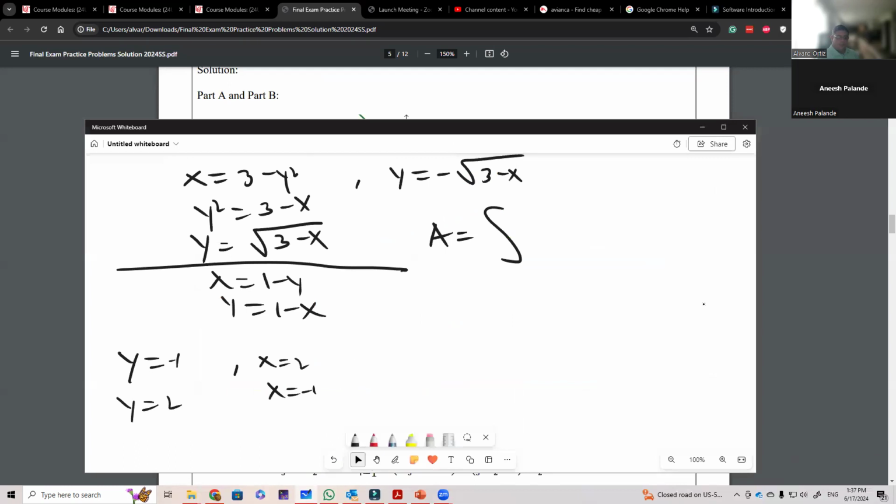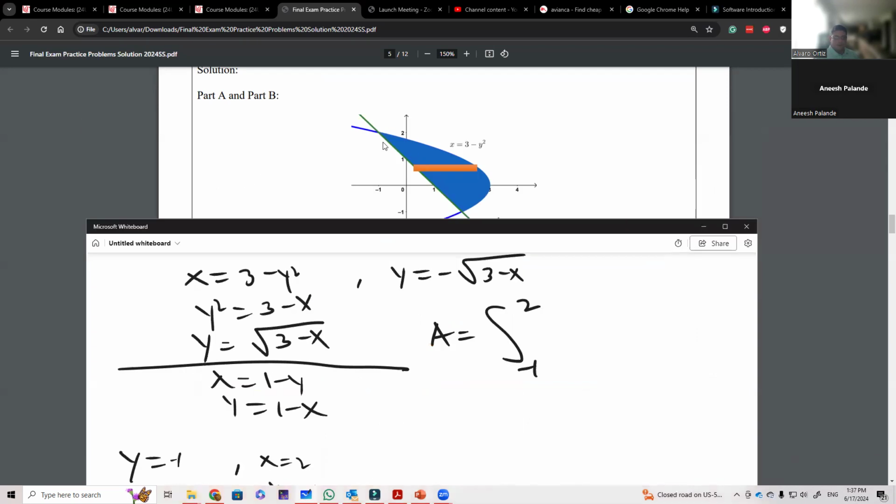And so this will be the integral from minus 1 to 2. This is this piece from minus 1 to 2. And so the top will be the square root of 3 minus x minus the line, which is going to be 1 minus x. But this is just one piece. This is up to this point.